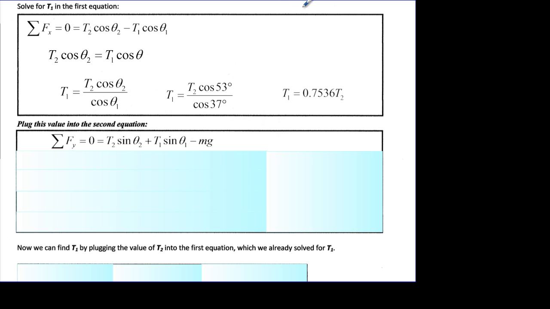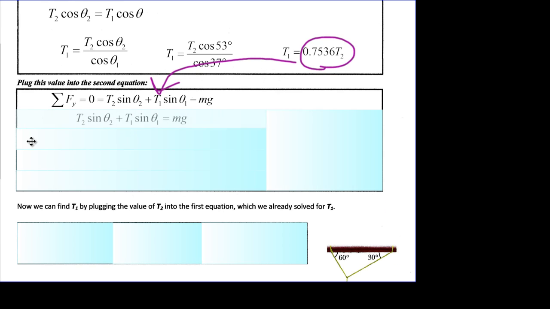So doing that substitution, I'm going to take this, and in my sum of the forces in the y, instead of putting in T1, I'm going to put in 0.7536 T2. I moved mg over to isolate it.